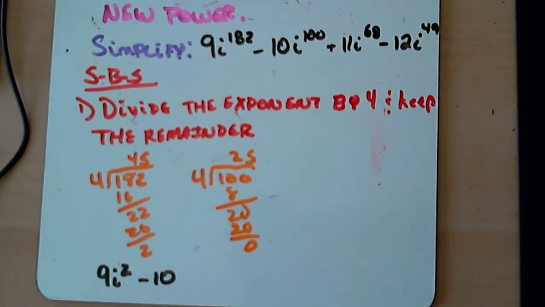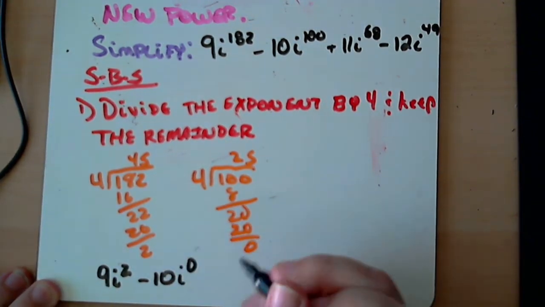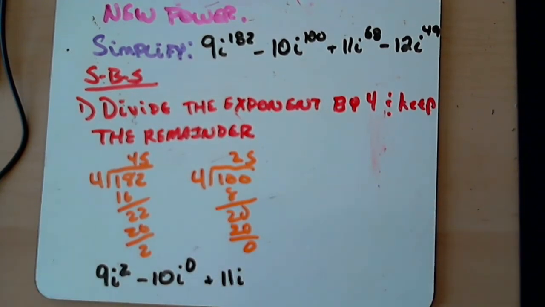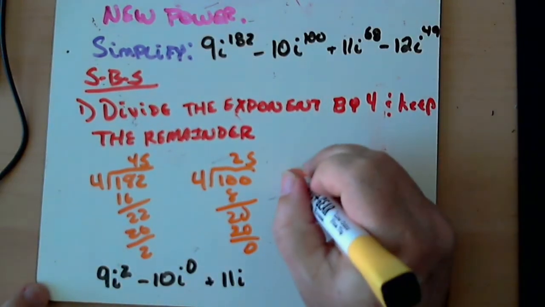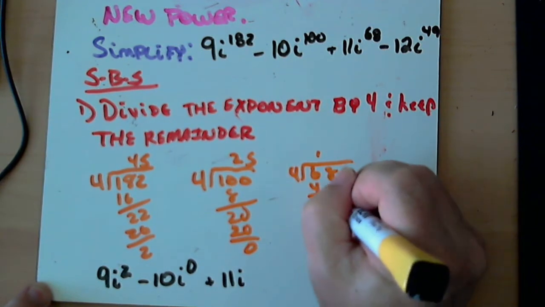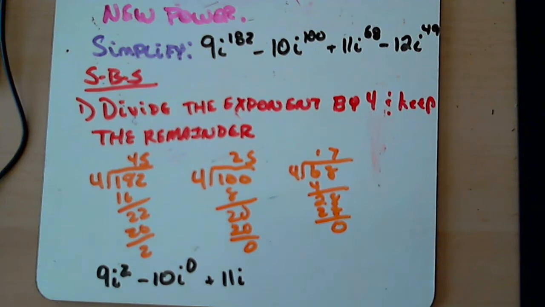So you got 10i to the power of 0. Plus 11i to the power of, let's find out. We take 4 and divide it into 68. It goes in once, so it's 28, and then that's 7, and that's 28, that's 0. So that also has a remainder of 0.